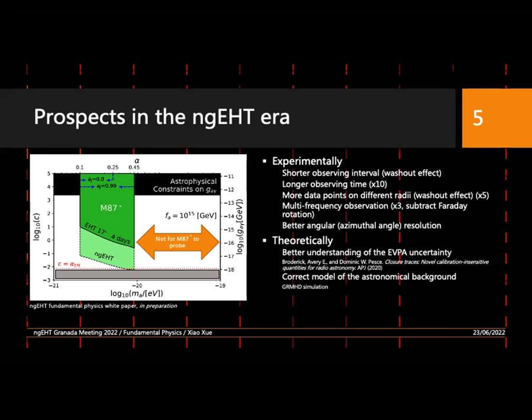For example, in the future, ngEHT might be able to observe other black holes, and if they fall onto the right mass and their spin is large enough, they can also contribute to the constraint. But right now we have no information on that, so here we do not give more information on other black holes.